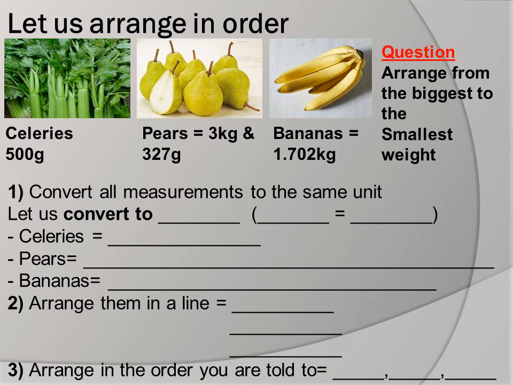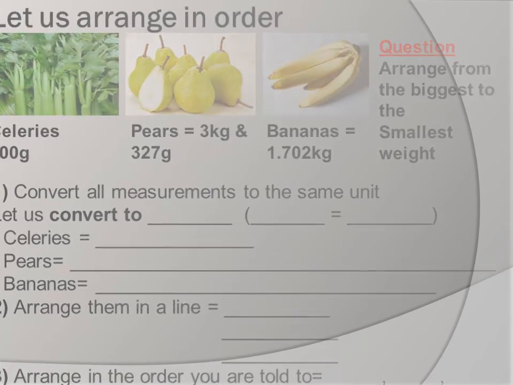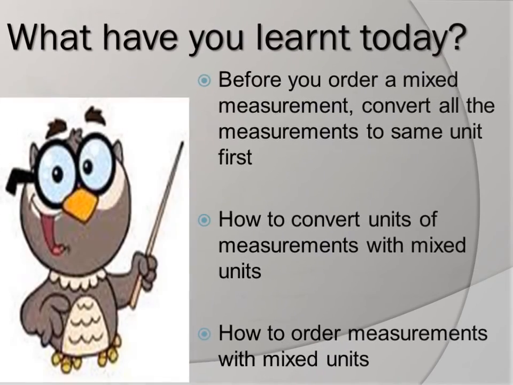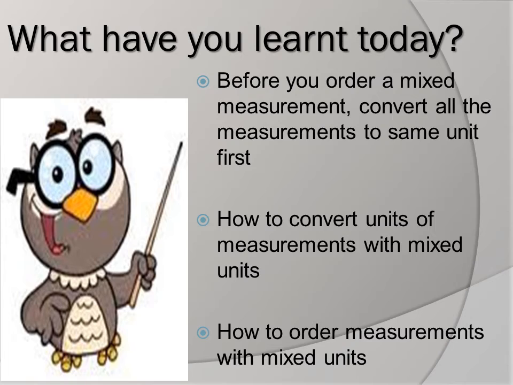All right, now let's see what we have next. So what did we learn today? We've learned a lot of things today. We've been able to understand that before we order a mixed measurement, we must convert all the measurements first to the same unit.